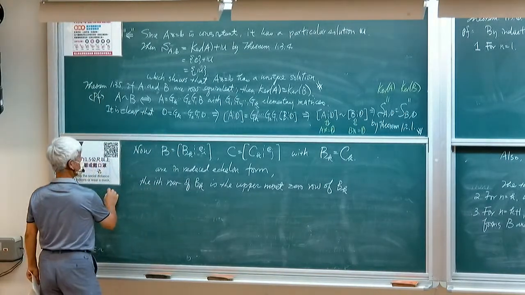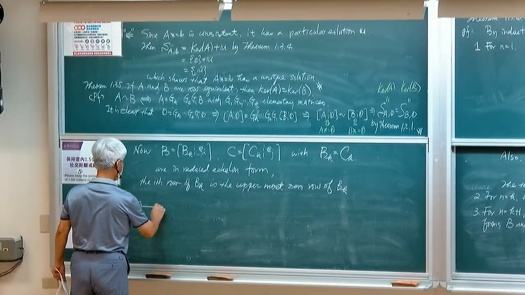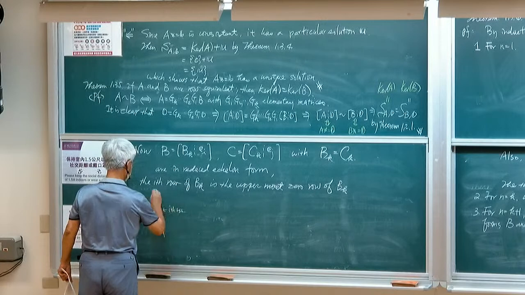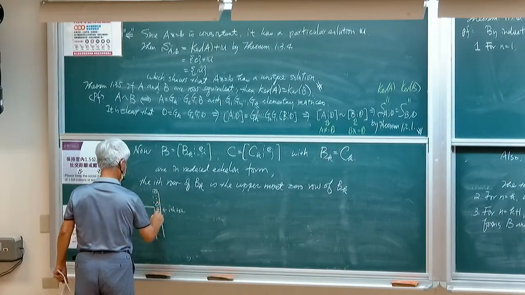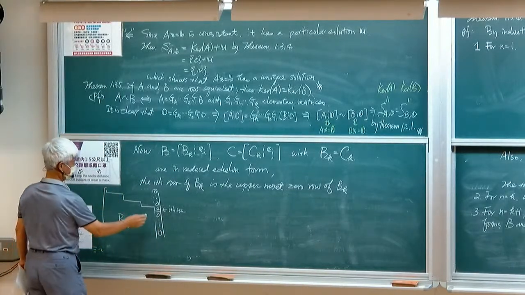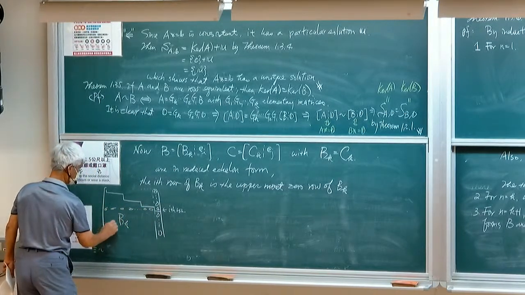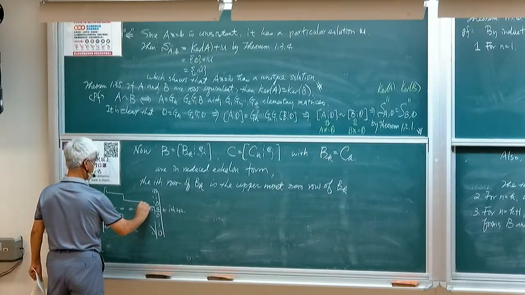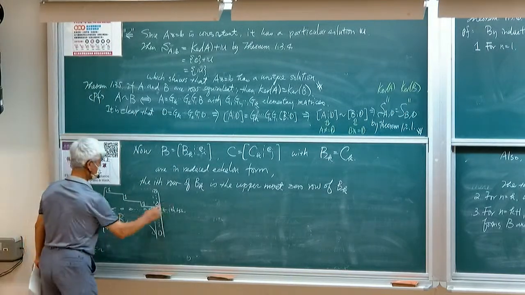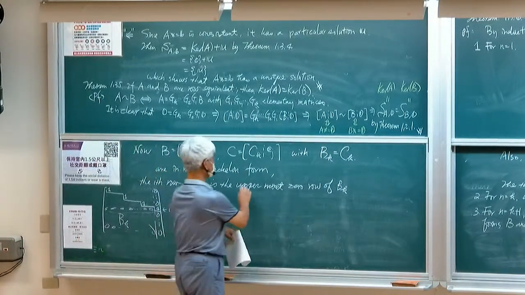Okay, so you have i here, it's the ith row, and here is B_k. You must have all zeros, and you have 1 here. This is the pivot. So the ith row of B_k is the uppermost zero row of B_k.